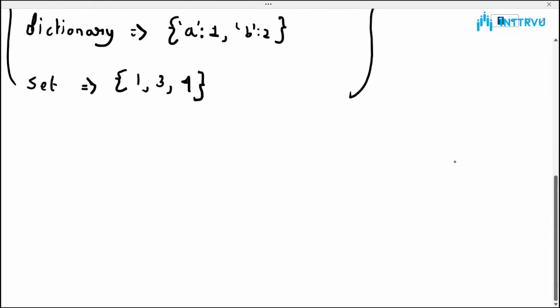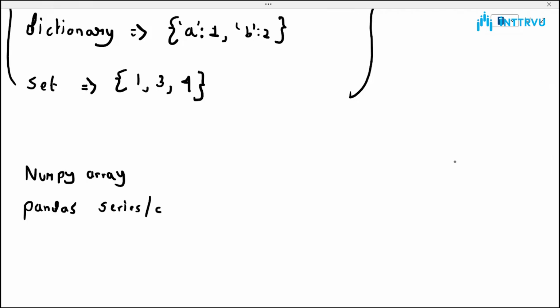Now, there are some libraries that offer enhanced versions of data structures, like a NumPy array, or a pandas series, or a data frame, which we will be looking into later on, right?